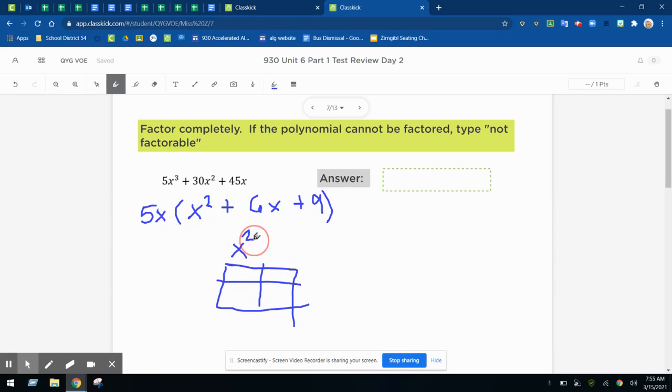X squared, we have 9, and we have 6x. This looks like a perfect square trinomial to me. Right, so when I put it in the factor box, 3 times 3 gives us 9. When I multiply across, I get 3x plus 3x, which does equal 6x, so that's perfect. So my one factor is x plus 3.